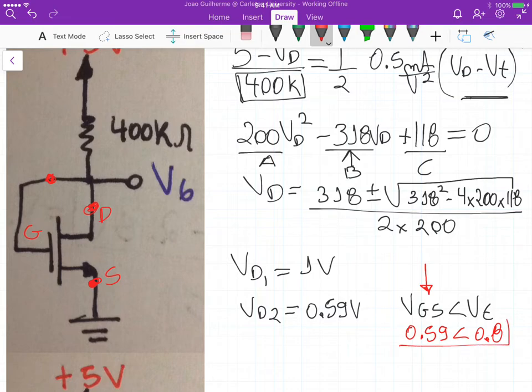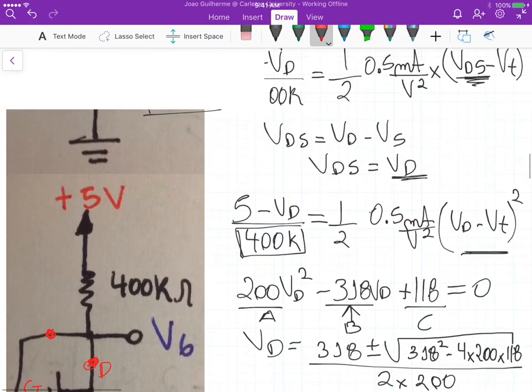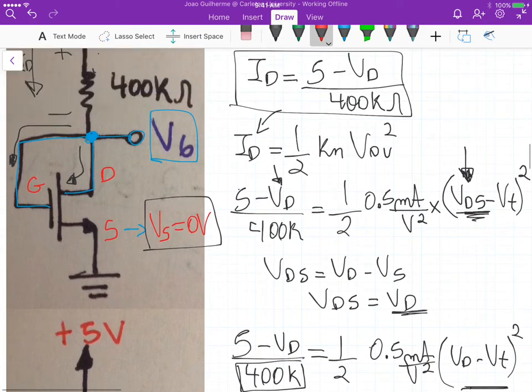And because of this condition, it tells us that the MOSFET is not operating in the saturation region, right? It's actually cut off. So if we pick 0.59, the equation we use for ID doesn't hold, so it's not valid.